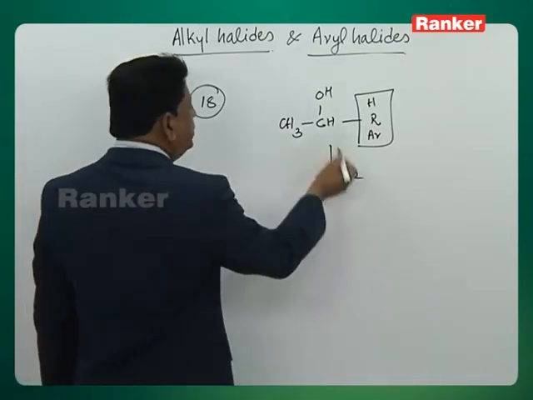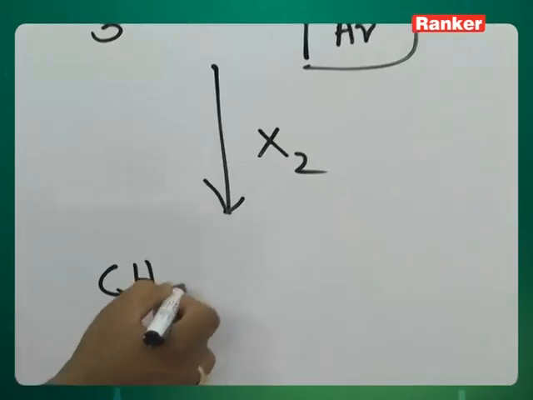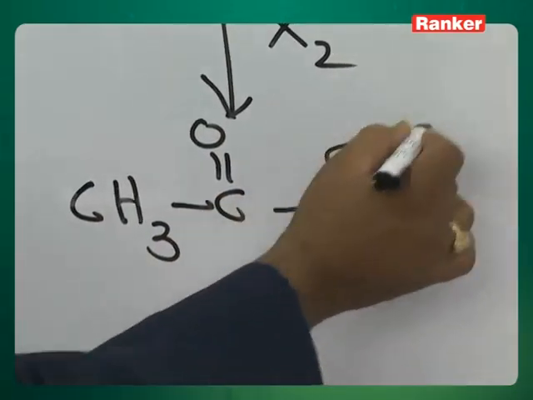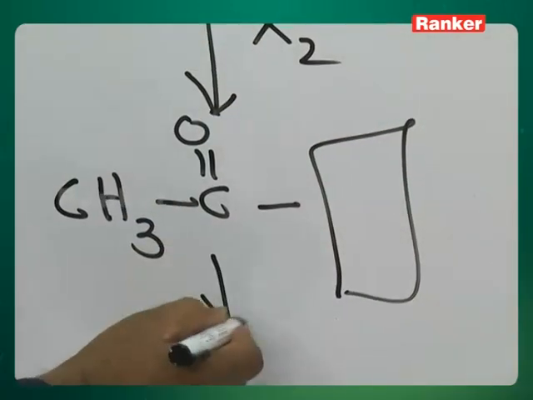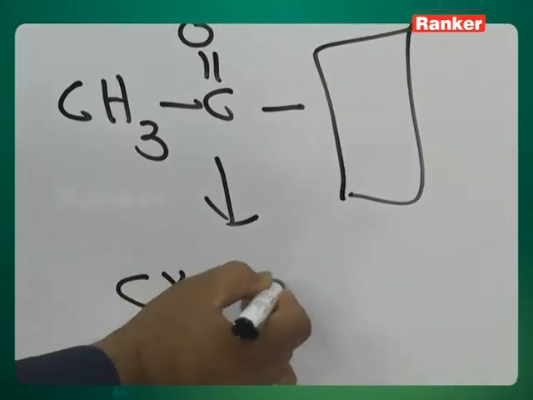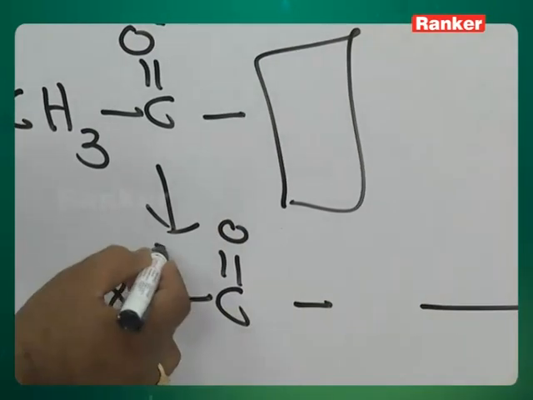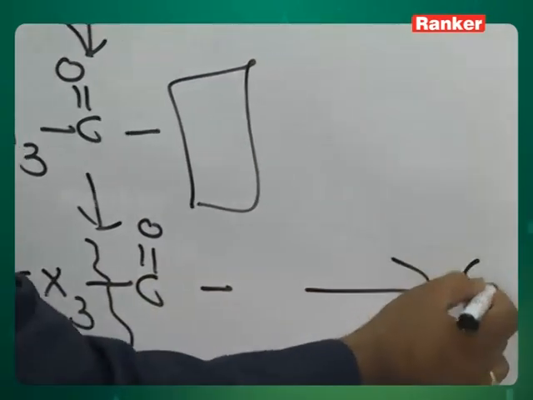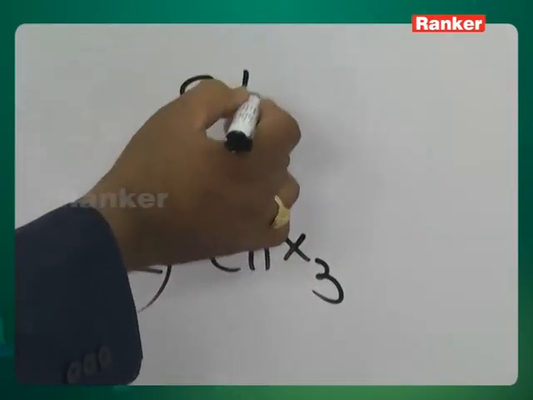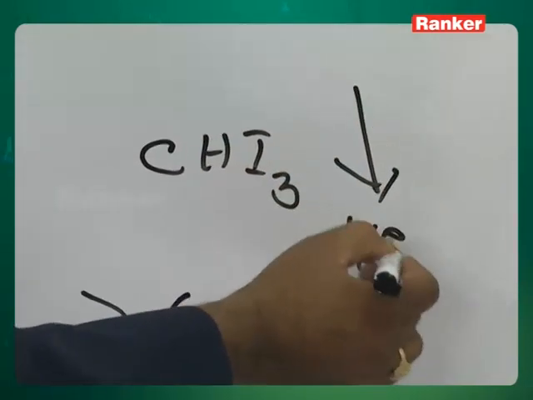So here with X2, this H and H will be removed, and they are converted into ketones containing the same type of group. Then finally, subsequent hydrolysis will give CHX3 and a ketone. When X is iodine, you will get CHI3, which is a yellow precipitate.